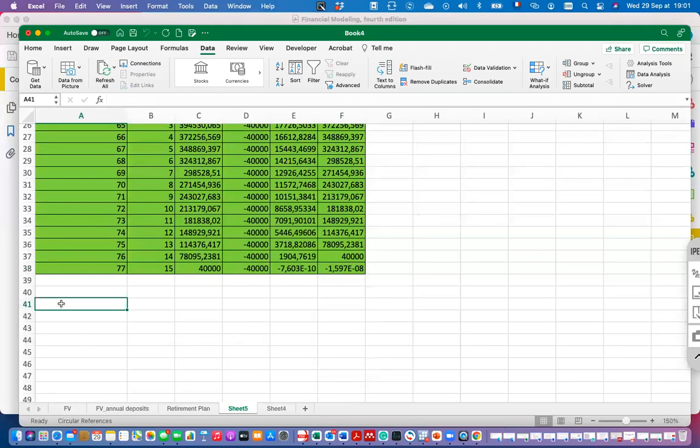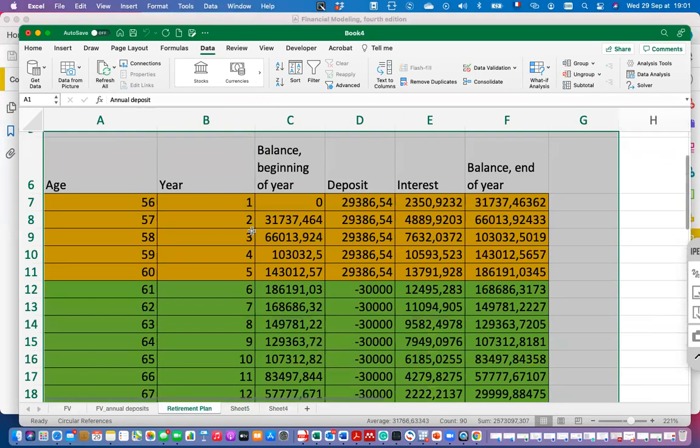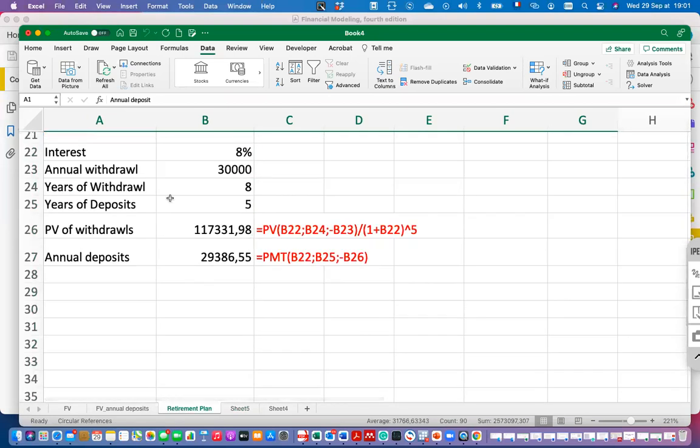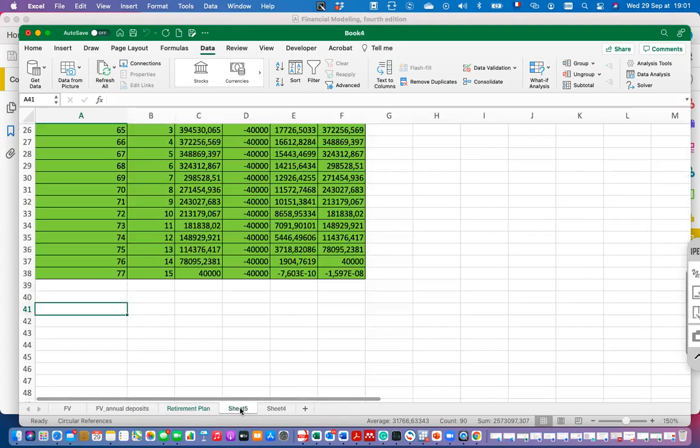Now using the financing formulas, I need some inputs. So the inputs are interest, annual withdrawal, years of withdrawals, years of deposits.